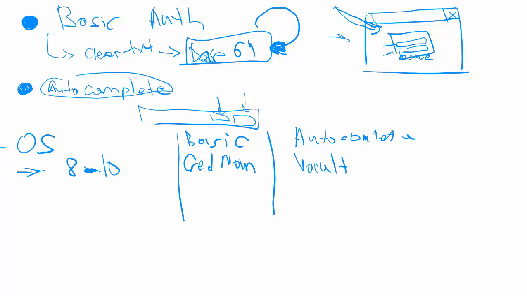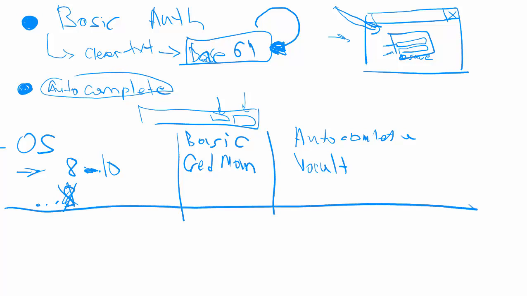So the next one is the Windows versions lower than Windows 8, so pre-Windows 8, not including Windows 8. And for them, it's a little bit different because we have a difference between the Internet Explorer versions.